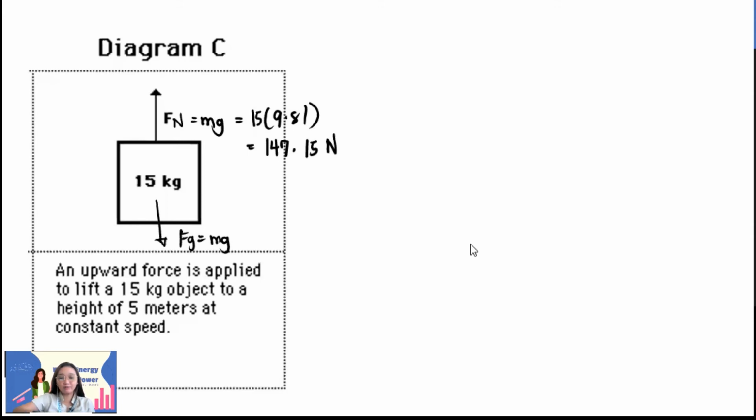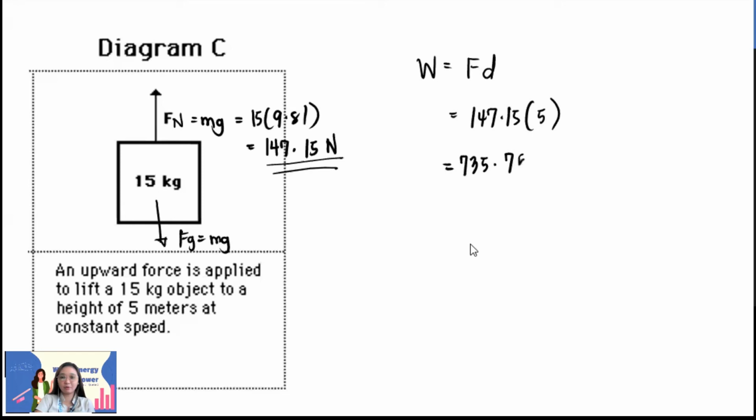So this minimum upward force required to lift the 15 kg object is 147.15. What is the work done? 147.15 multiplied by 5. Very good, the work done is 735.75 joules. Any questions?